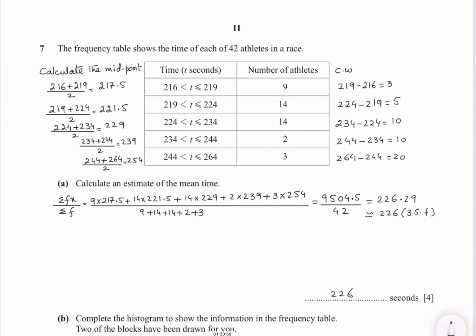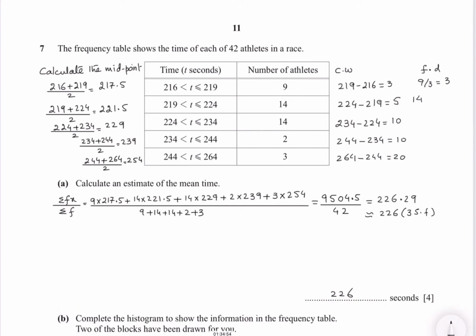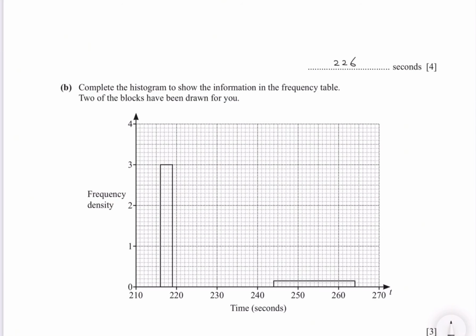Now frequency density is frequency divided by class width. So 9 divided by 3, 14 divided by 5, 14 divided by 10, 2 divided by 10, 3 divided by 20. So now mark these frequency densities on the given graph.